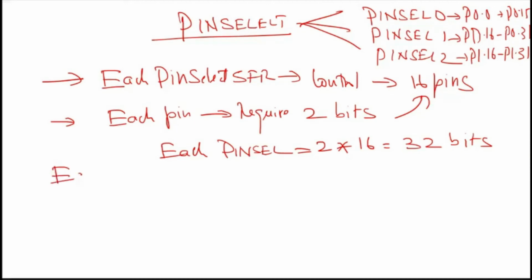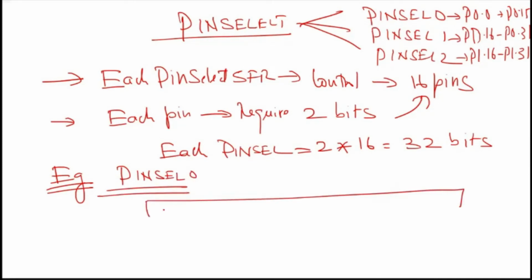For example, you take pin select 0. Pin select 0 has 32 bits, in groups of 8, 8, 8, 8.